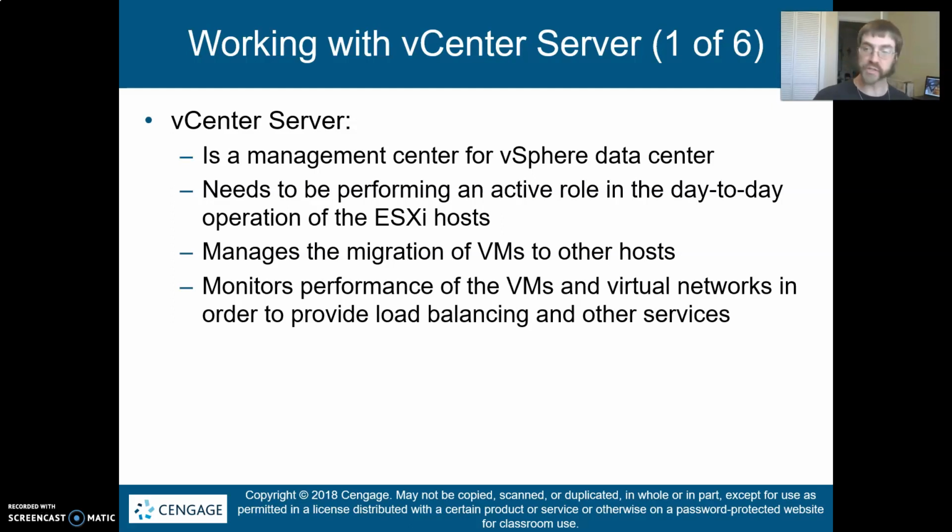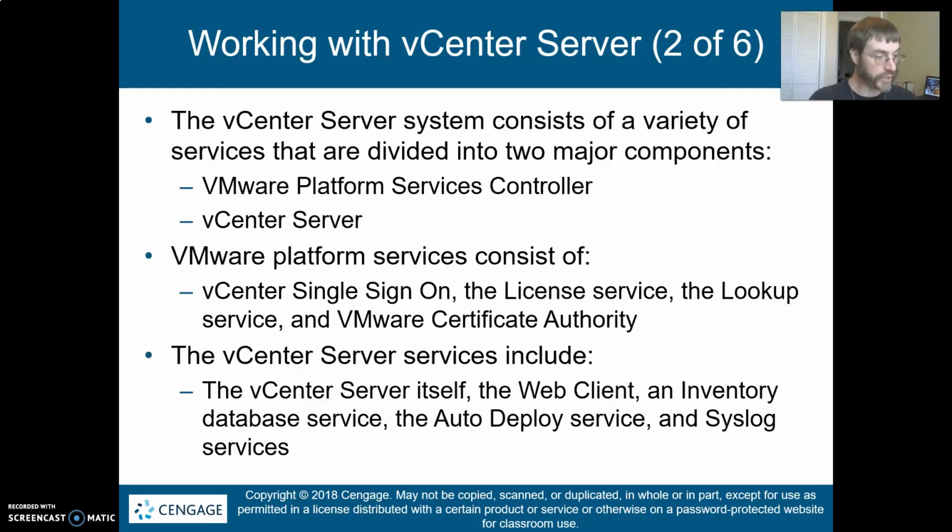Now, there are a number of components. The first thing we need to note here with these components, as we're talking about these things, is that this is what was true with ESXi 6.0. Now that we're up to 6.7, some of these things are no longer true. In particular, when we talk about the platform services controller, we'll talk about that in a minute. The two main components of these are the platform services controller and the vCenter server.